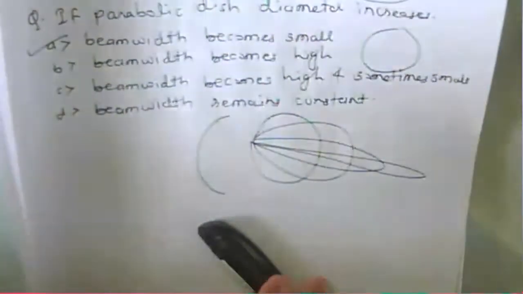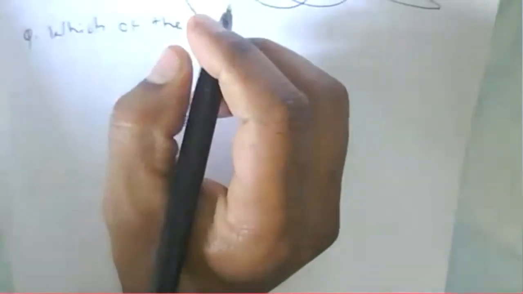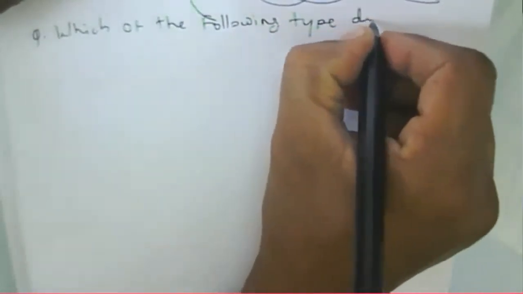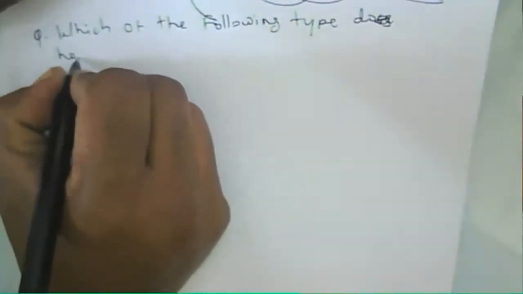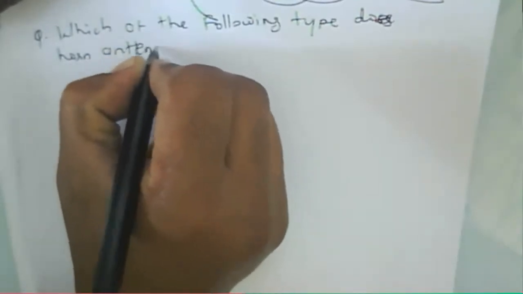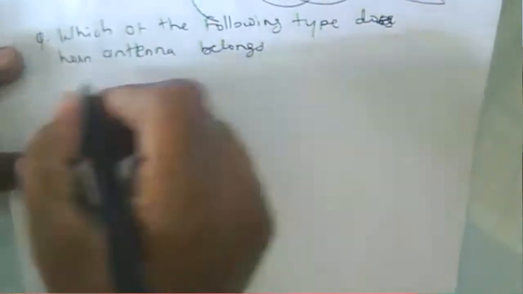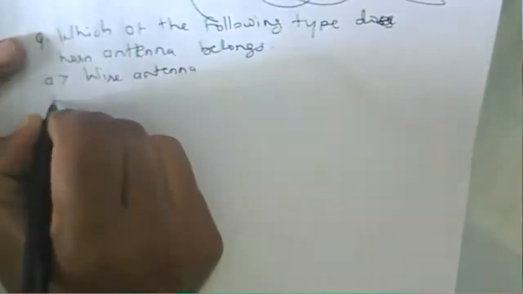Okay, now next we continue here. To which of the following types does a horn antenna belong?